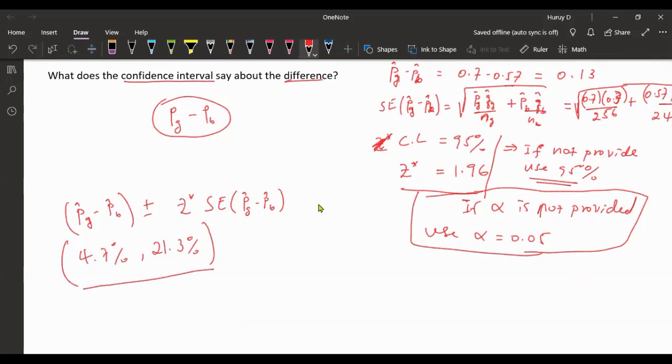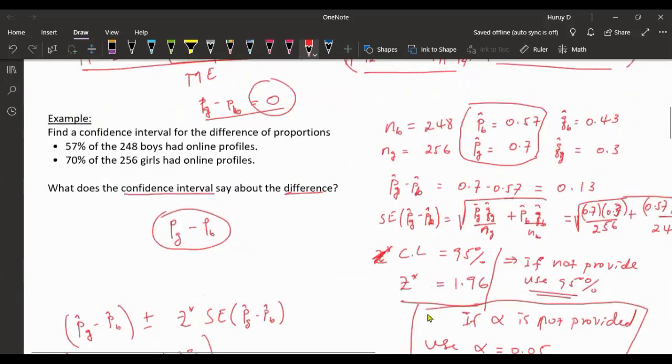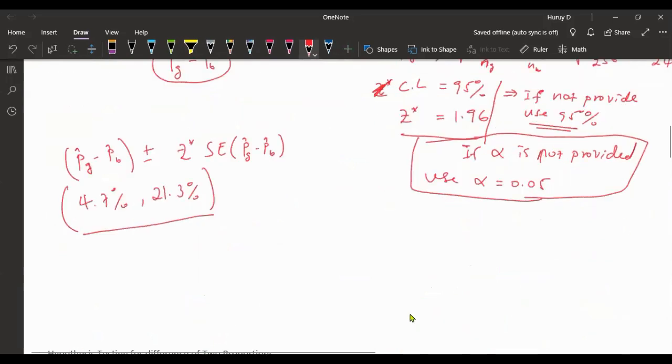Because if they were equal, we would expect the 0 to be included in here, because their difference has to be 0 if they are equal. But here, both the numbers are bigger than 0, as you can see, the lower limit and the upper limit.